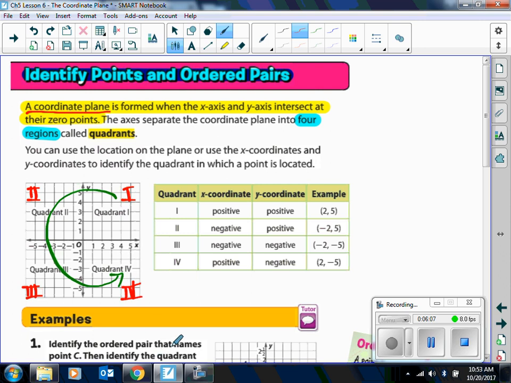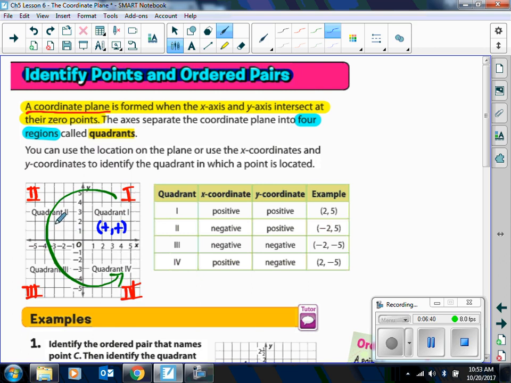Is everybody clear? Now, we just talked about what kind of numbers you have over here in quadrant 1. We have positives and positives. Does everybody see that? We've got positive, comma, positive right here. You should sketch this graph in your notes. Now, in quadrant 2, what kind of numbers do we have? We go to the left and then we go up, right? So that's going to be negatives and positives.